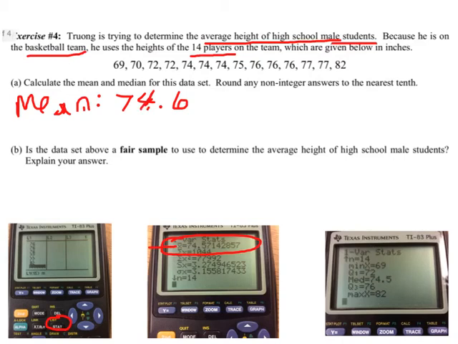74.6. The other couple things that I really want you to pay attention to, and I pointed this out, is whenever you type something in your calculator and you're using your stat button, make sure that you typed in the correct number of samples. So that's what this n equals 14. I have 14 numbers. Is that correct? I look up here, 14 players. That is correct. Then I scroll down, just like where I found the median for my box plots, and then I find my median.